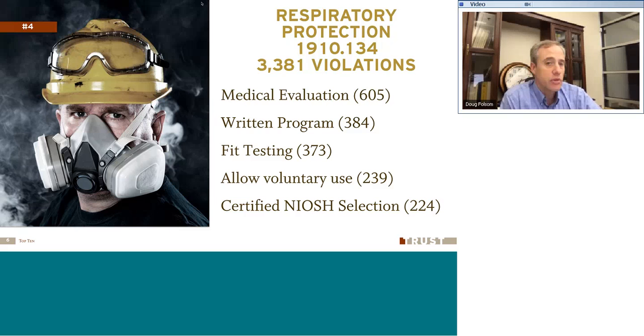And then there's also allowing for voluntary use, Appendix D in the respiratory protection program as well. Sometimes there's some citations on that. And also making sure that your personal protective equipment that is selected, your respirators and so forth, are actually NIOSH approved respirators is another common area where we see violations on the respiratory protection program.